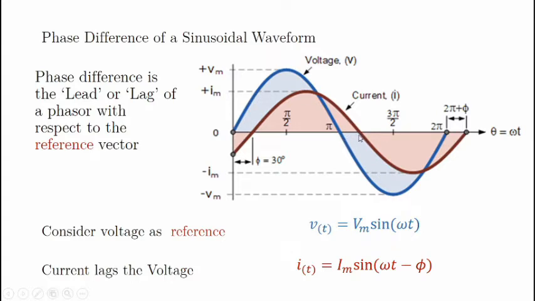In such cases, we can say that they're having a phase difference between them. But in some other cases, the vectors will have the same frequency and also they reach their minimum and maximum value at the same instant. In such cases, we can say that they are in phase with each other.